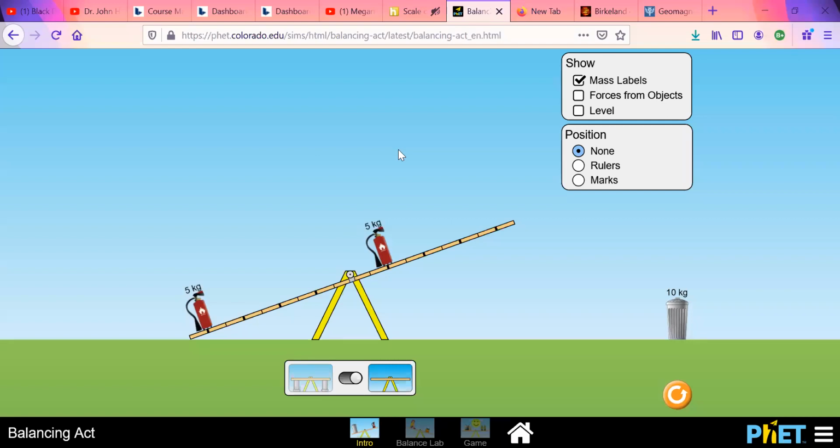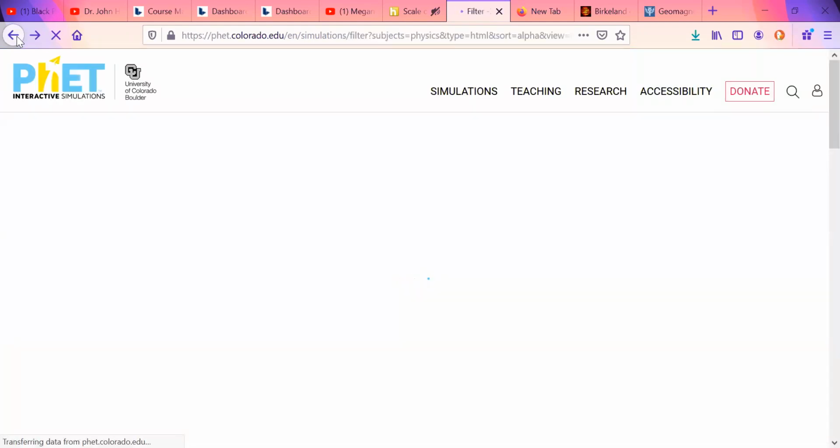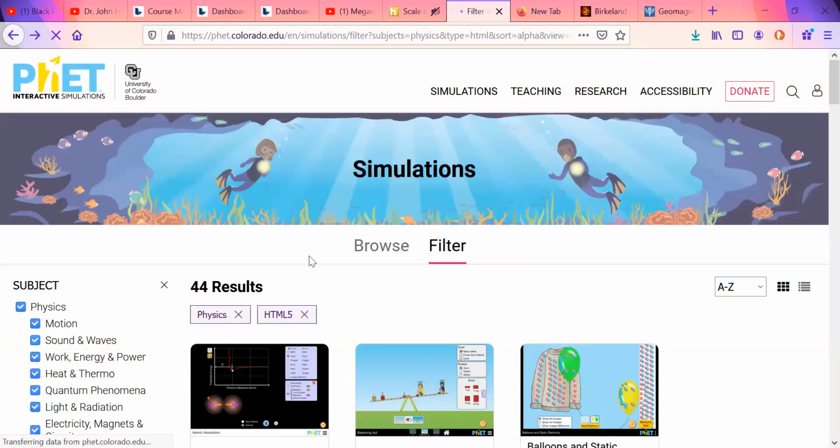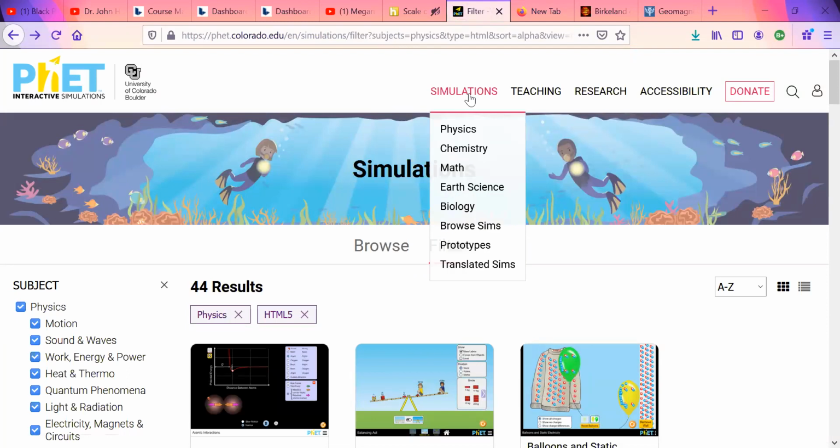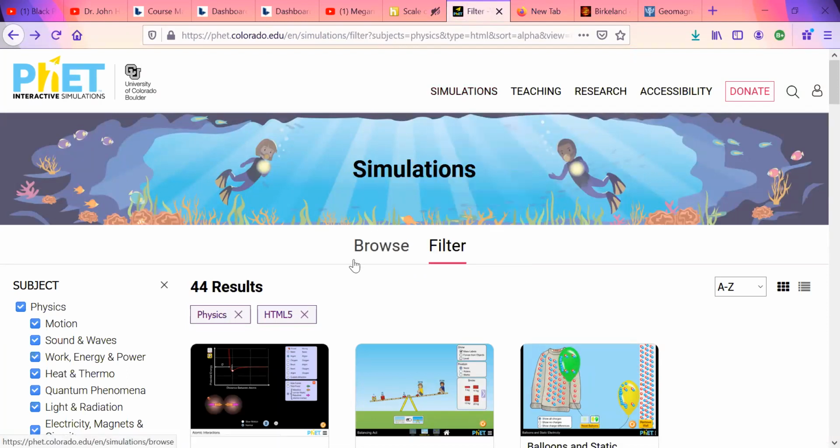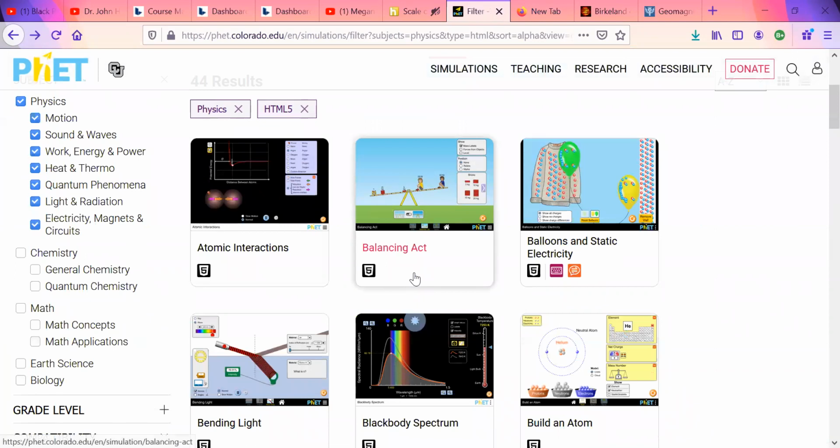Okay, so right now, why don't you guys go to this website, phet.colorado.edu. Let me just take you through it to make sure that everyone's here. You want to get here and go to simulations, physics, and click on balancing act.